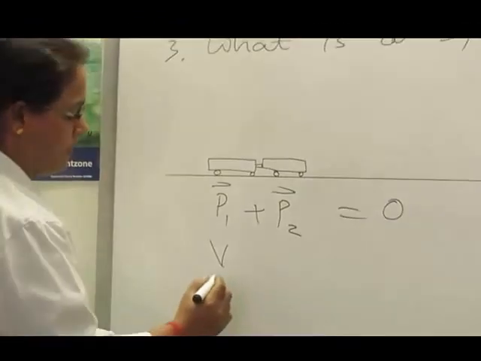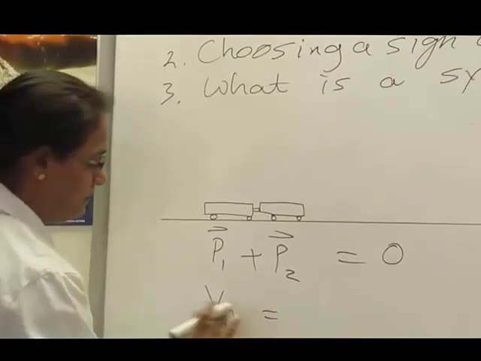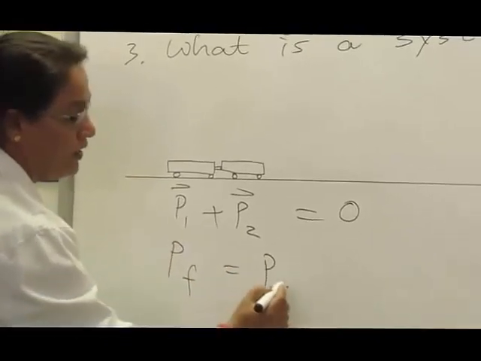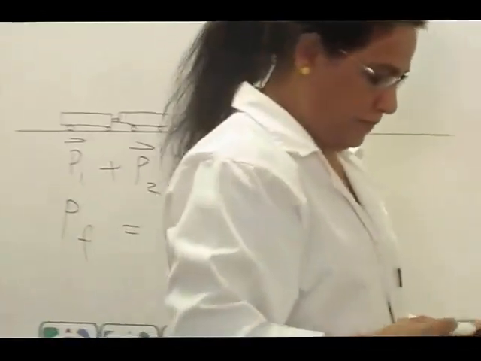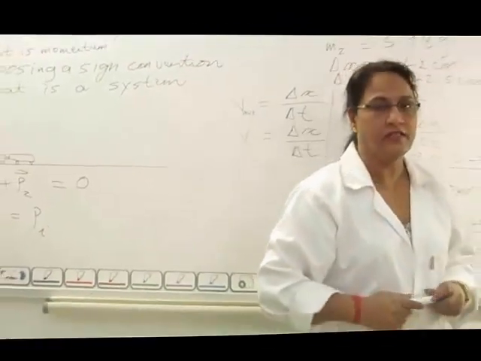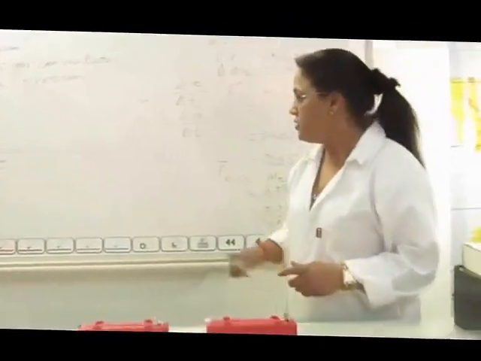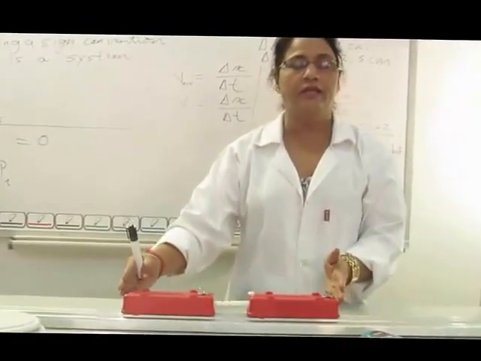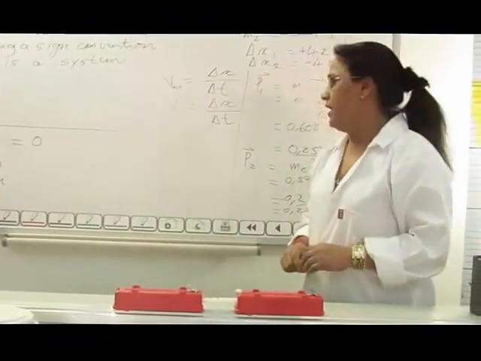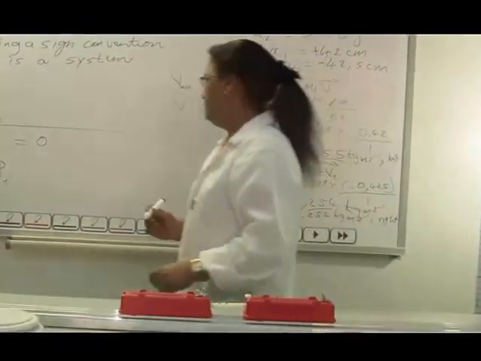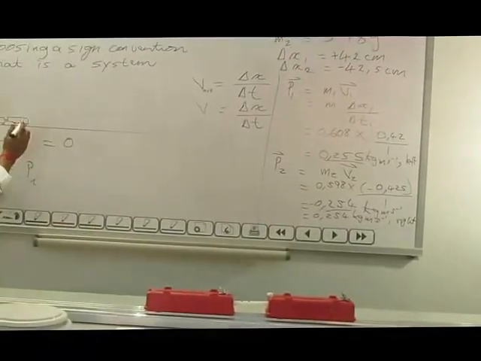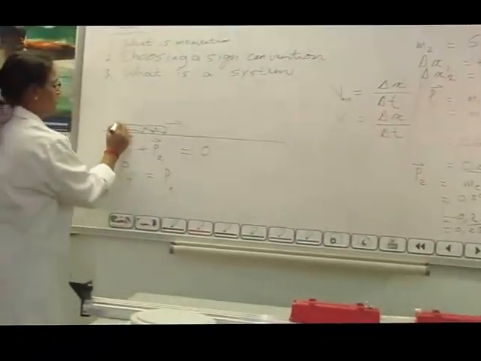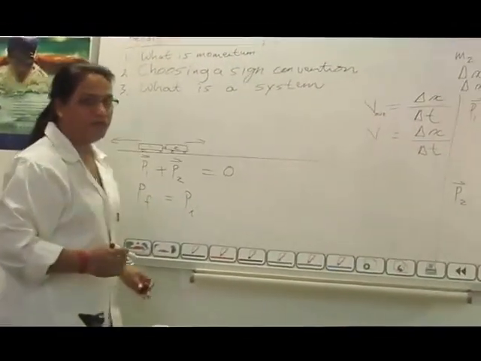So basically what we are saying is that the total final momentum of the system is equal to the total initial momentum of the system, and our system is simply the 2 trolleys that are in motion. This was our trolley number 2 that moved to the right, and this was our trolley number 1 that moved to the left.